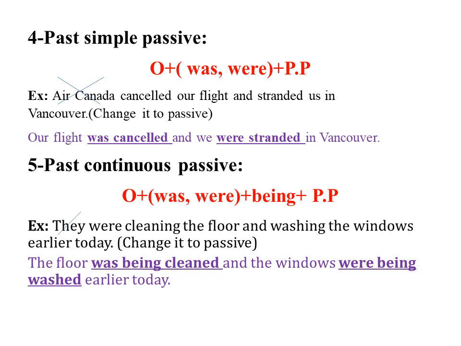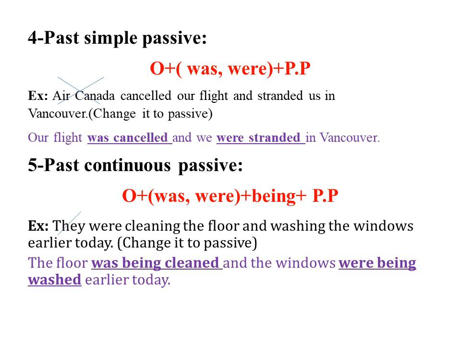Number five, past continuous passive. See this pattern: object, was, were, plus being, plus past participle. As an example: they were cleaning the floor and washing the windows earlier today. Change the sentence to the passive.